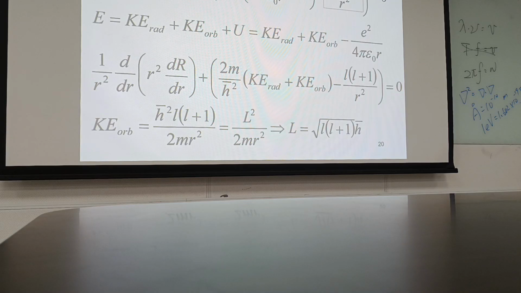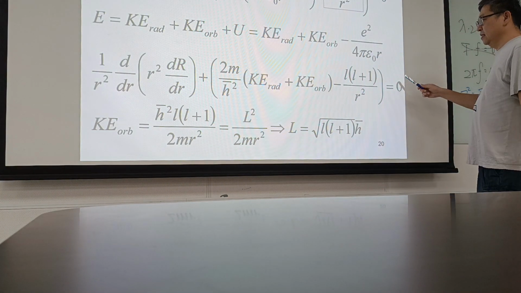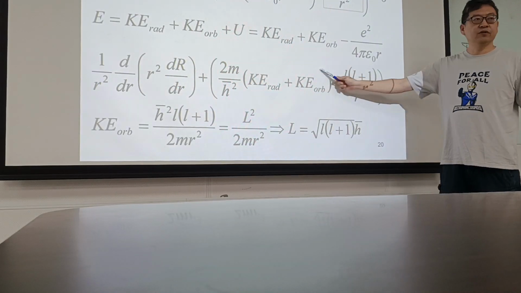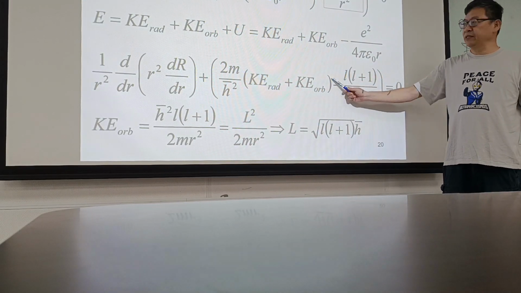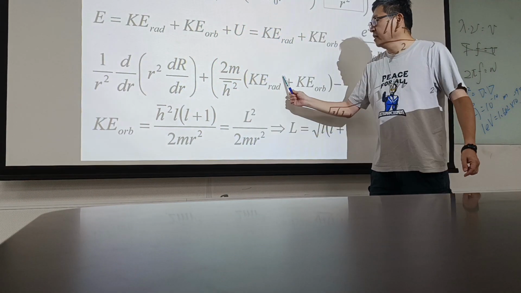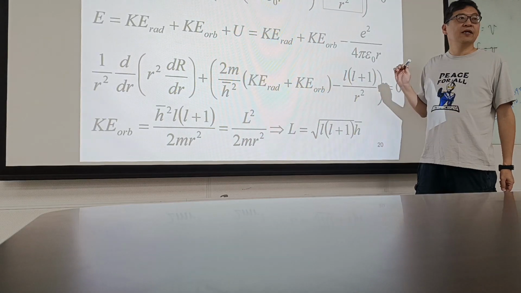So I can separate the energy into two directions. If I set this part equal to 0, here is the R only function, and this will become 0.